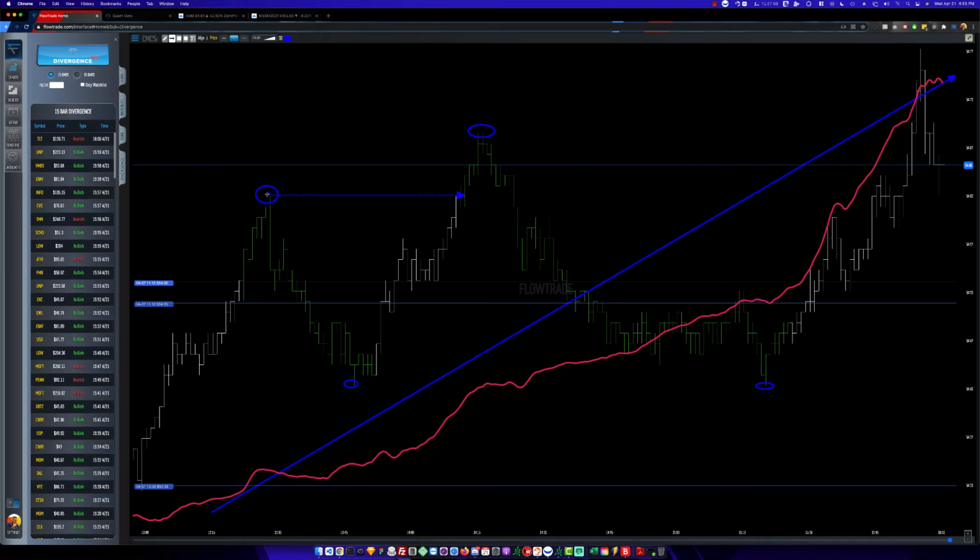This divergence started, came down, and found some support in this area here for whatever reason. I'm just going to run that all the way across. That's support. Price action comes down, finds support and reverses. We knew that it was going to reverse because the algo was steady buying all day, or during this period.